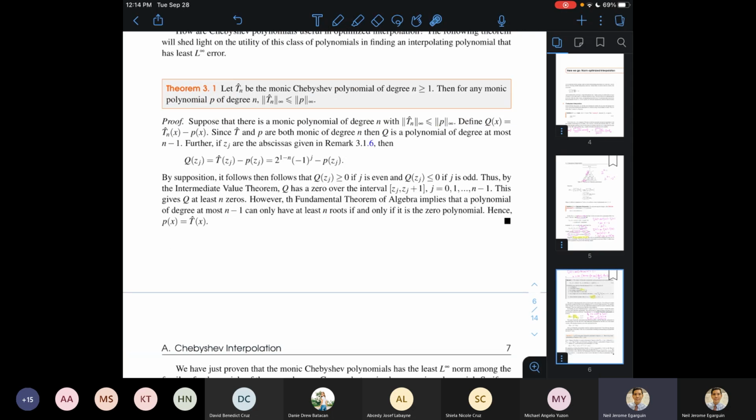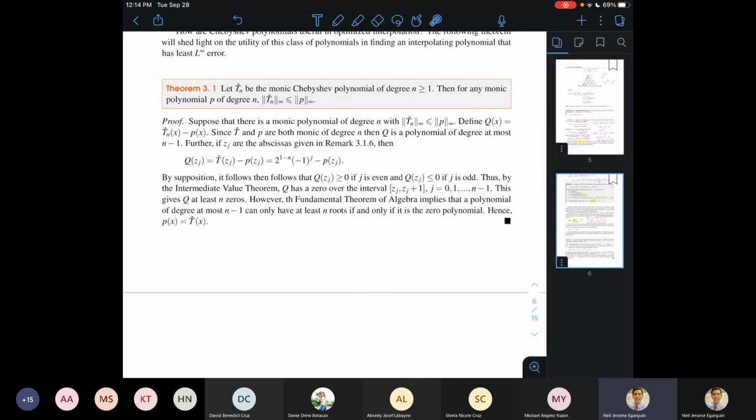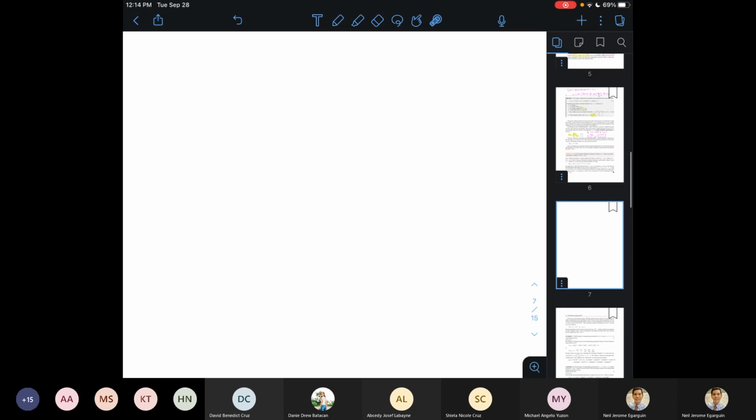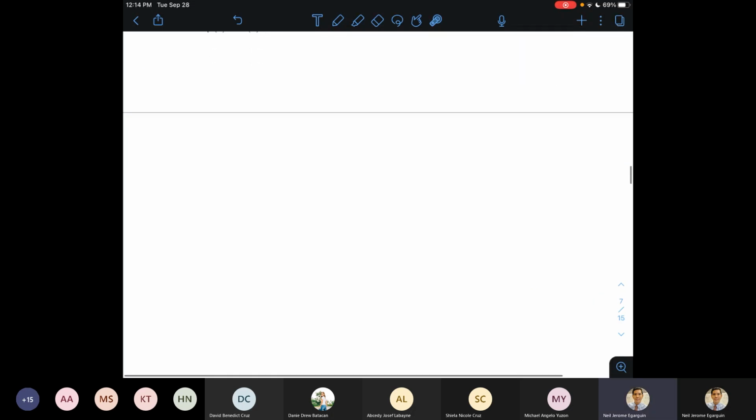So let's search for the polynomial that gives us the minimal L infinity norm. So let's see. Let's quickly look at the proof. Okay, so, okay, there we go. So the idea is proof by contradiction ulit.